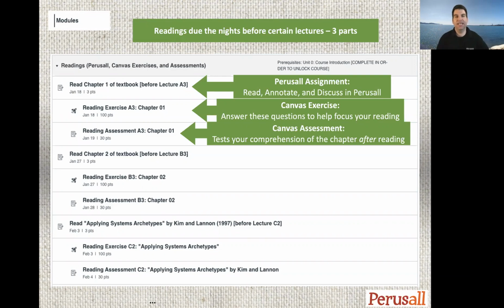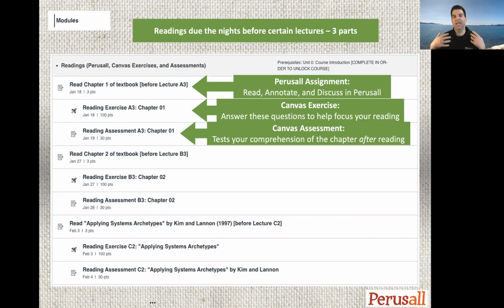So you can click on things and say, this didn't make sense to me, or I really think this is interesting, et cetera. You'll also be able to see other students' annotations, and you can respond to those. You can say, yeah, I thought that was an interesting point too, or I can understand how you got confused there, here's what my answer to that would be. Perusal uses a special algorithm that gives you points for not only reading the chapter, but making these annotations, and you get full credit on Perusal for a combination of a lot of those things.